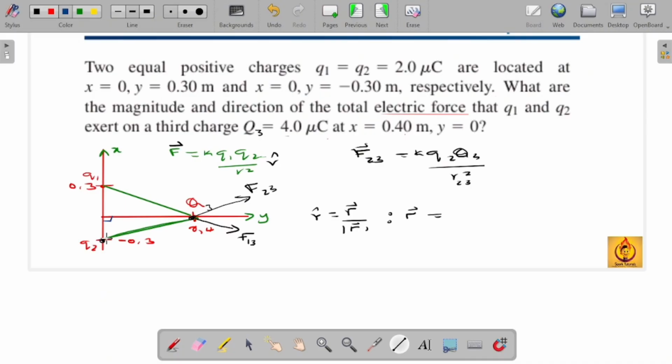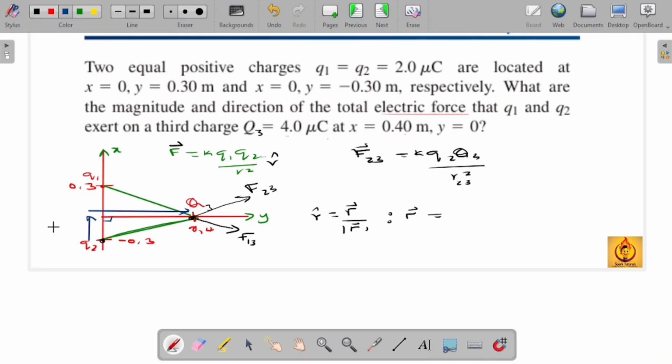So to find the vector from Q2 to Q3, you can walk to the origin and then walk to Q3 from the origin, right? These are the two vectors. If you walk from here to here, the distance that you are walking is positive because you are moving upwards.